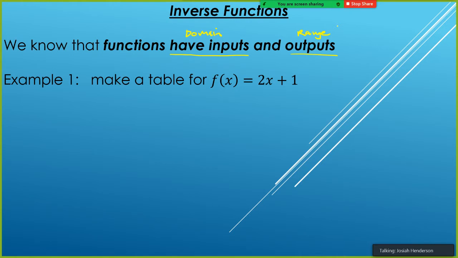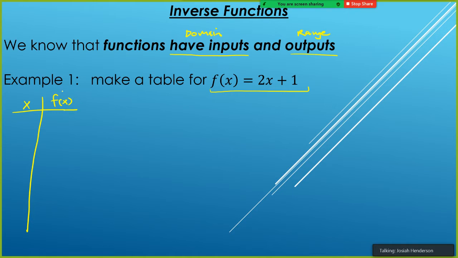Before I define inverse function, I want to make a table for this example function. So example 1, make a table for f of x equals 2x plus 1. So just a reminder, how do we do this? We're going to make an x column, and then we're going to make a f of x column. This is our function notation.